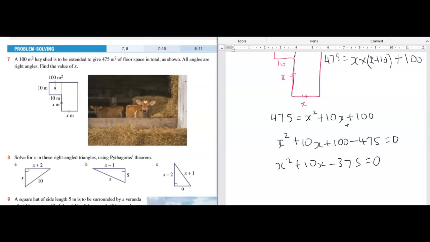So now we need two numbers that when multiplied together give you negative 375, and when added give you 10. So I always like to set up, well, I don't know what those two numbers are just yet, but I know there's going to be x's there, and I know one has to be a positive and one has to be a negative because this is a negative here.